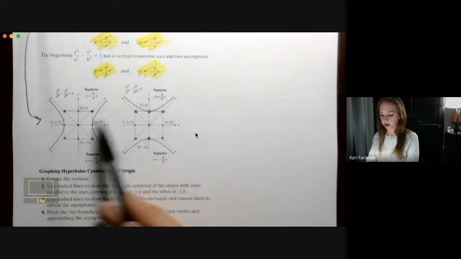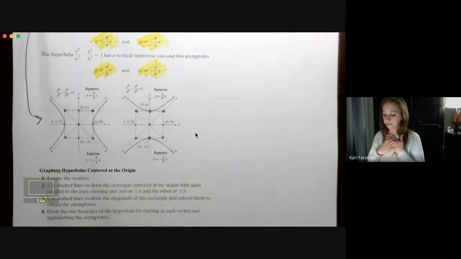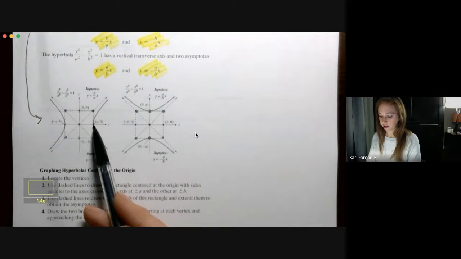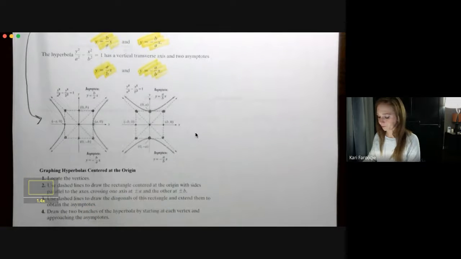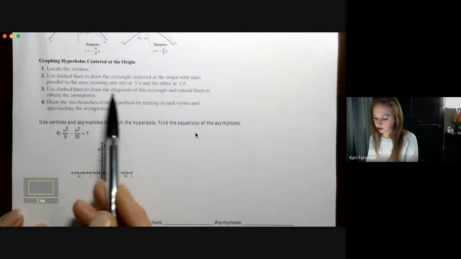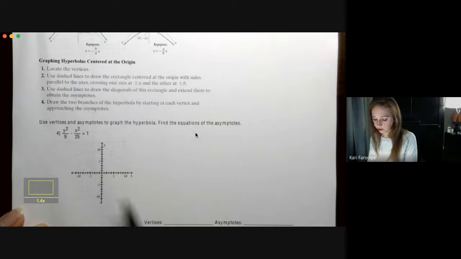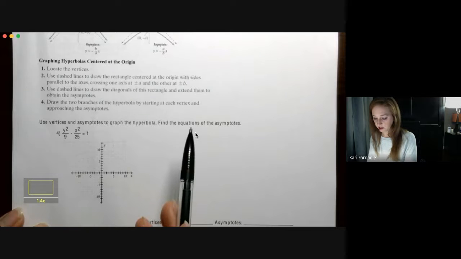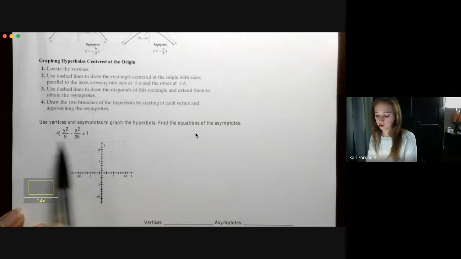Depending on what type of transverse axis you're dealing with, you're either going to have A left and right or A up and down. So you graph the box, use the dashed lines to draw diagonals of the rectangle, extend them out to obtain the asymptotes, and then draw the 2 branches of the hyperbola by starting at each vertex and approaching the asymptotes.